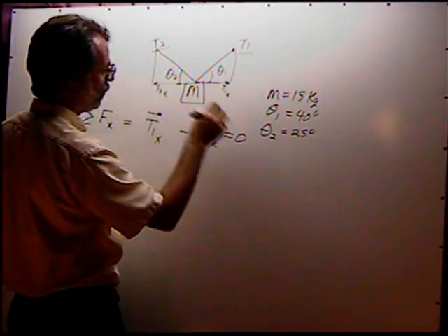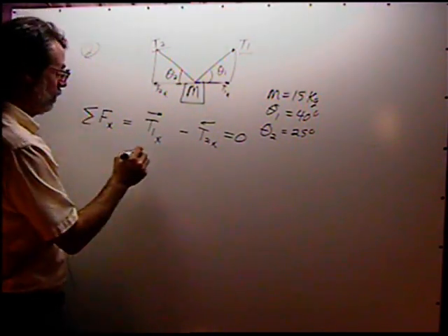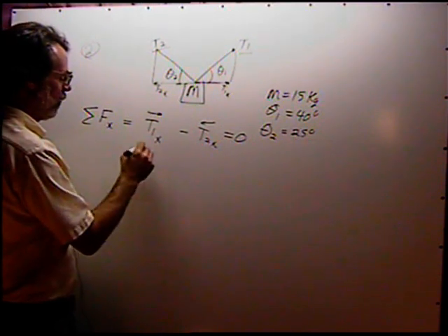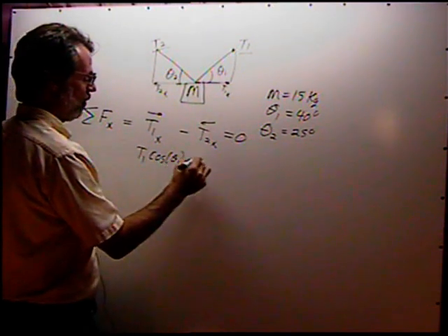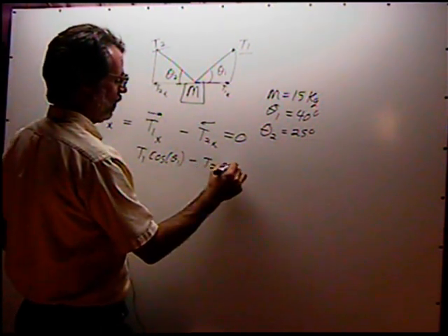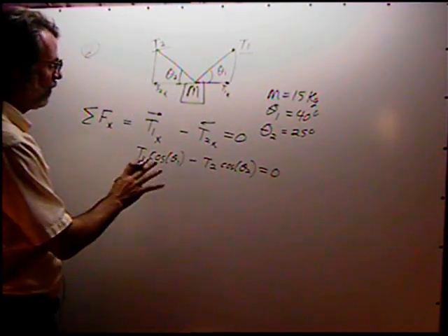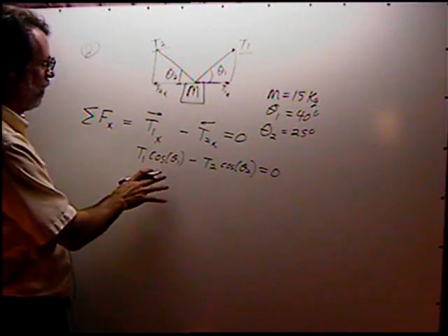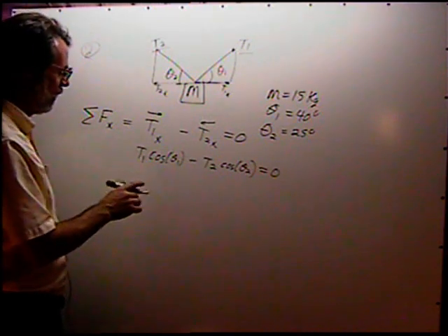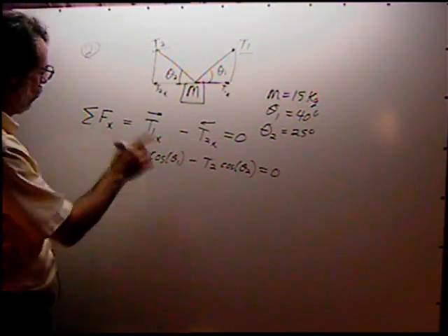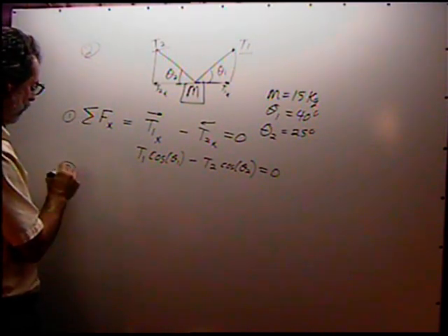And the sum of those is equal to 0. This is a static condition. T1x is simply T1 times the cosine of theta 1 minus T2 times the cosine of theta 2 equals 0. That's the first equation. Let's look at the second equation.